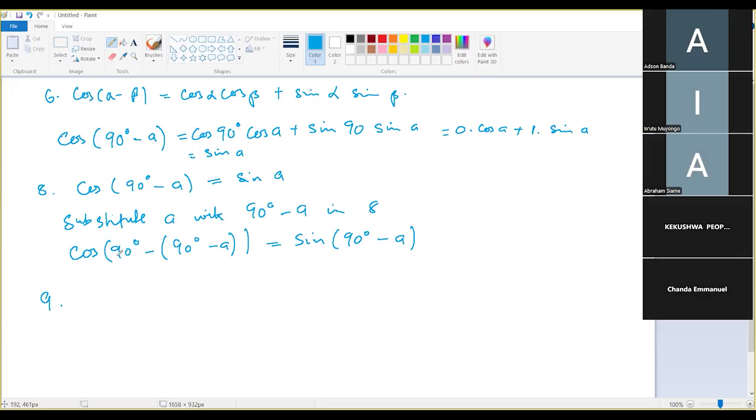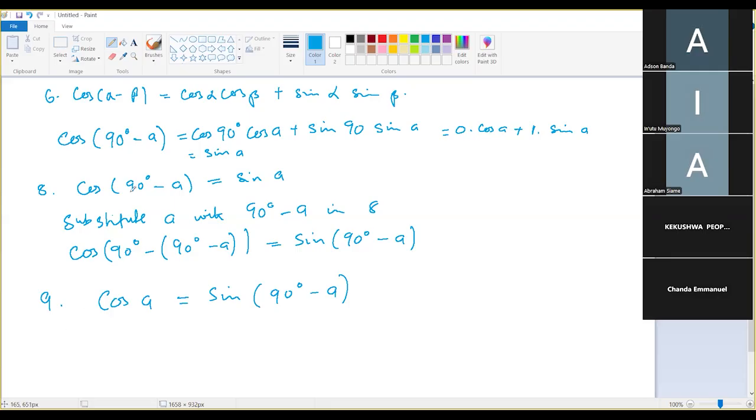So you can see here that we have 90 minus 90 plus A, which just gives us the cosine of A, will be equal to the sine of 90 degrees minus A. Right, so that is the identity that we get if we just do that substitution.